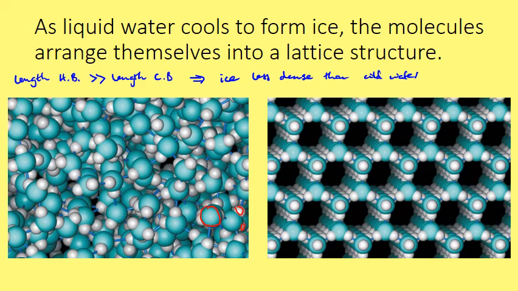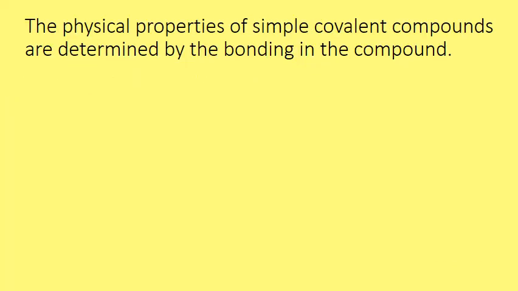Okay, so that concludes hydrogen bonding for now, and you might reflect that we've now done all 3 of the intermolecular forces. So what we're going to move on to now is to have a look at the behavior of some simple covalent molecules and how those properties or behaviors are determined by the bonding within the molecules. So in writing, that's what I've just said.